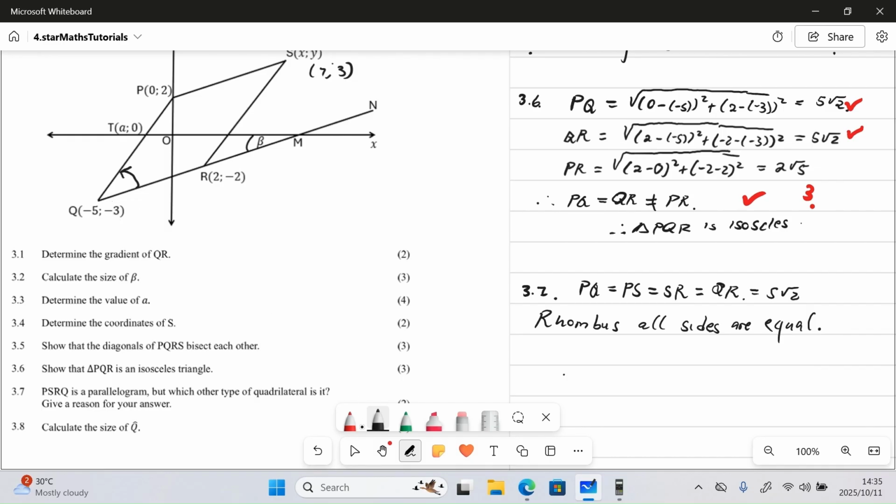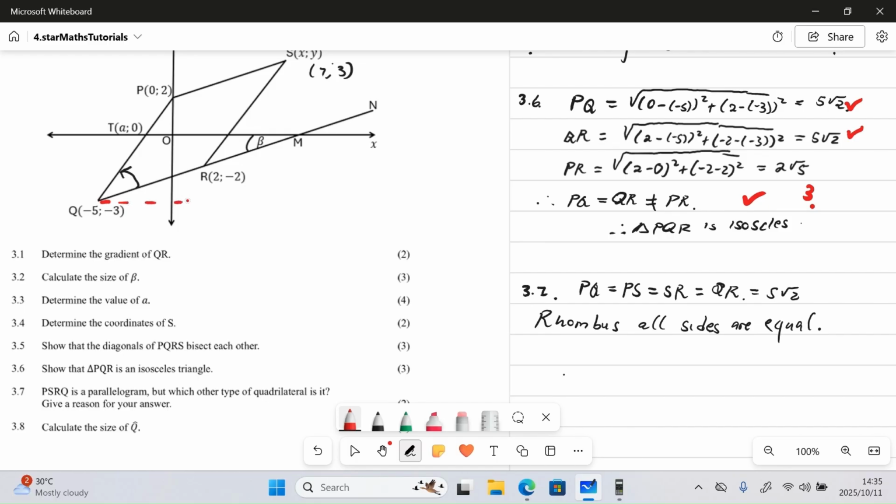So if I draw the x-axis here, the angle of inclination of this line is beta. Then the angle of inclination of QP, let's call it theta.